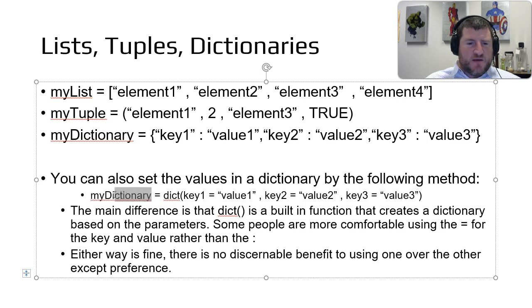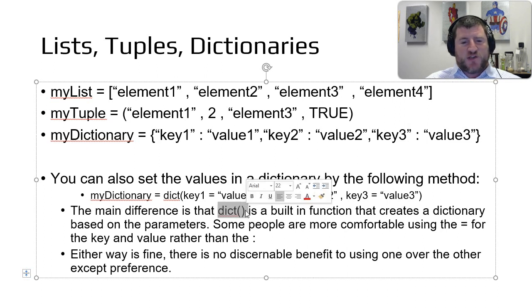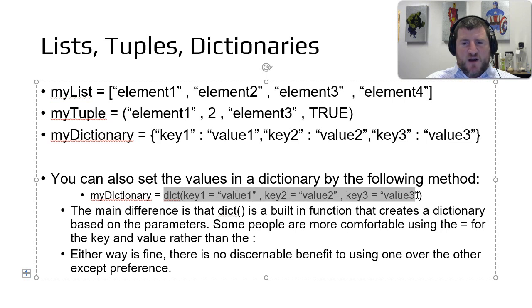You give the dictionary a name, and this is just like setting any variable, right? You have a name, and then you have the values you're storing in it. dict is the shorthand for the dictionary function in Python. This function is a pre-built function, and all it does is create a dictionary based on your values.